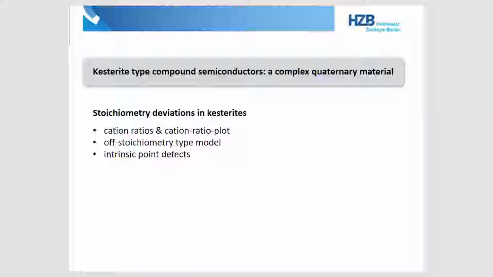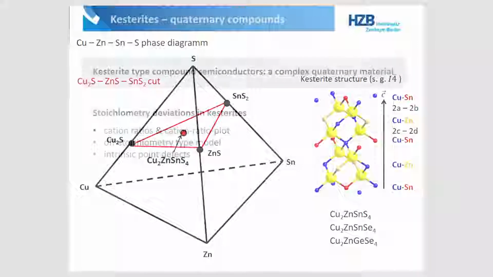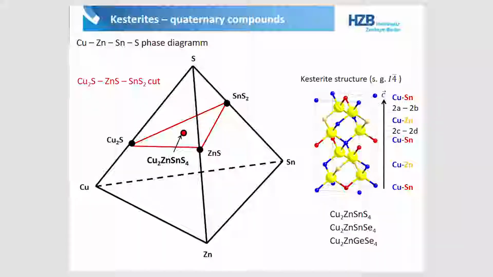So the Kesterite is a quaternary compound, more complex than the chalcopyrites, which are a ternary compound. Even if it's copper, indium, gallium selenide, it has 4 elements. It's a ternary compound because it's a solid solution between two ternaries. But here we have a real quaternary, so we have to deal with this quaternary phase diagram, copper, zinc, tin, sulfur, or selenium.